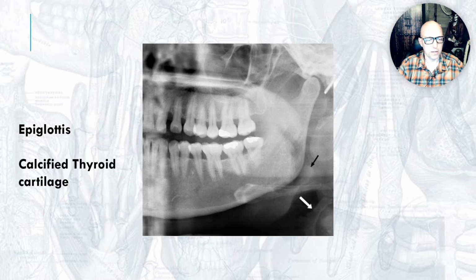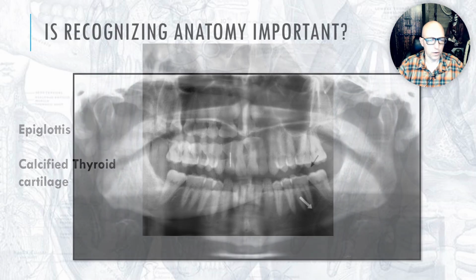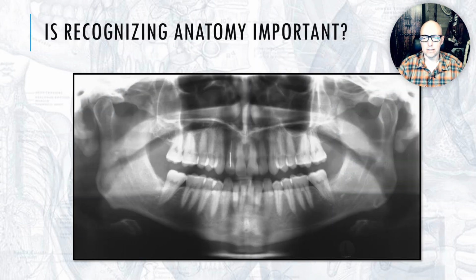So that black arrow is the epiglottis, and we have our calcified thyroid cartilage. When we get to calcifications, we'll talk about how that appears different from a calcified carotid artery, because a calcified carotid artery is concerning. They've got to be referred to have their cardiovascular system checked out for risk factors.